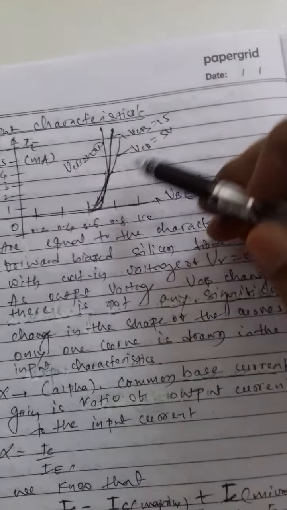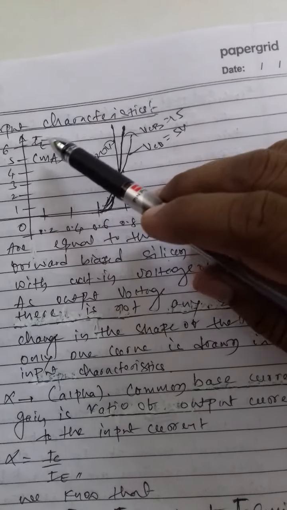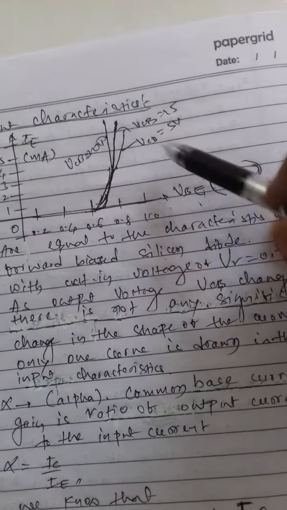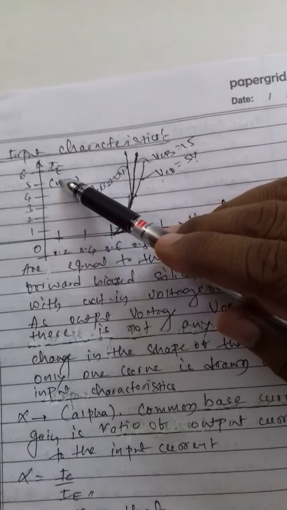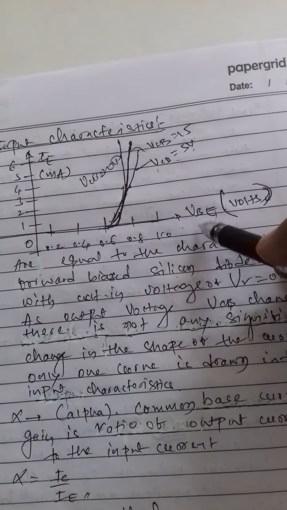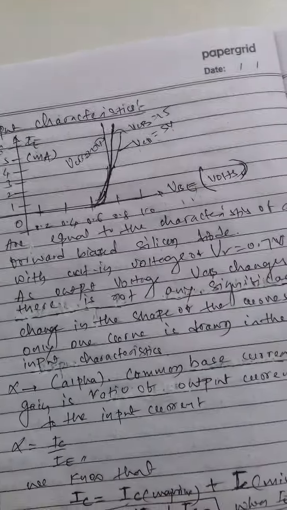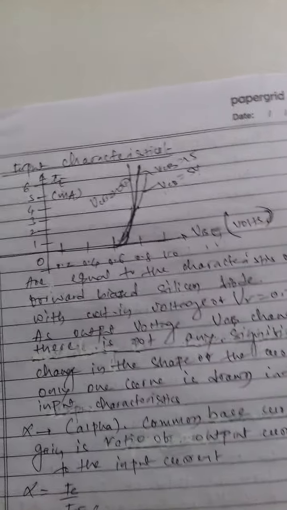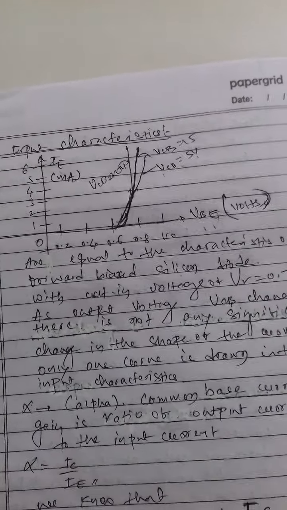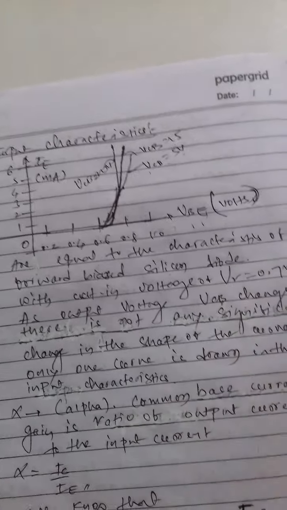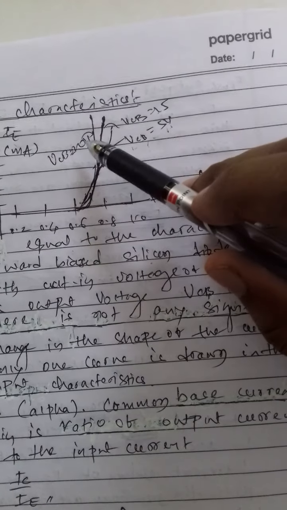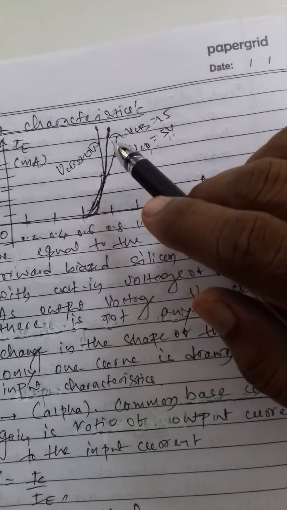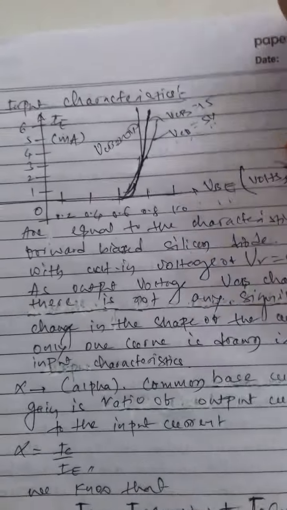Now the input characteristics: they are between the input current and the input voltage, with the output voltage as a parameter. Here, the different values of the output voltage are VCB equal to 5 volts, 15 volts, and 20 volts.